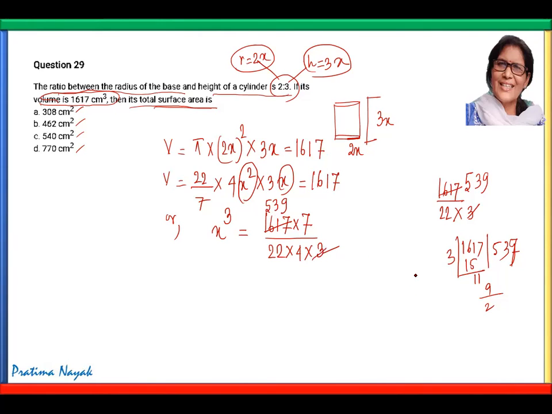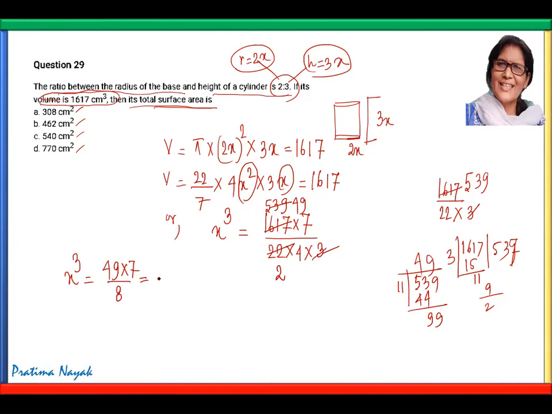Okay, so 539 divided by 11. 11 4 times 44, 11 9 times. So I am getting here 2, here 49. So I am getting x cube is equal to 49 multiply 7 by 8.